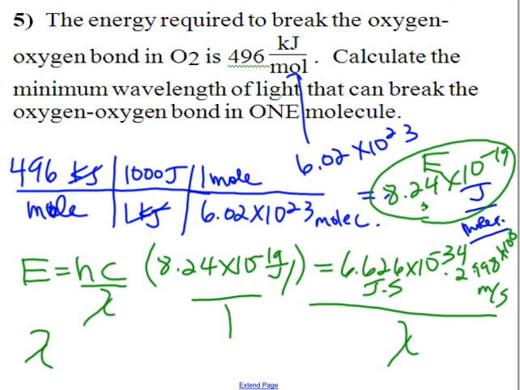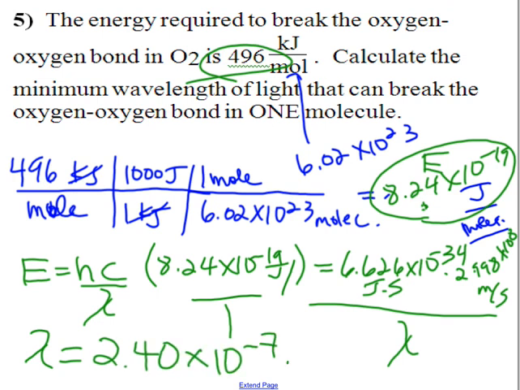Meters. All right, and give me 366. Negative 7. 2.40 times 10 to the negative 7. Does anyone else get that? Yes? Okay. All right, we good?